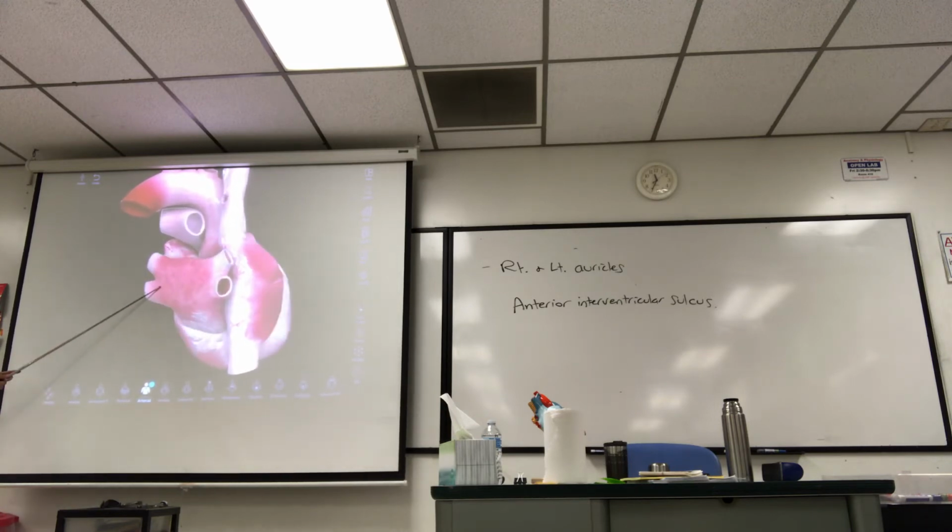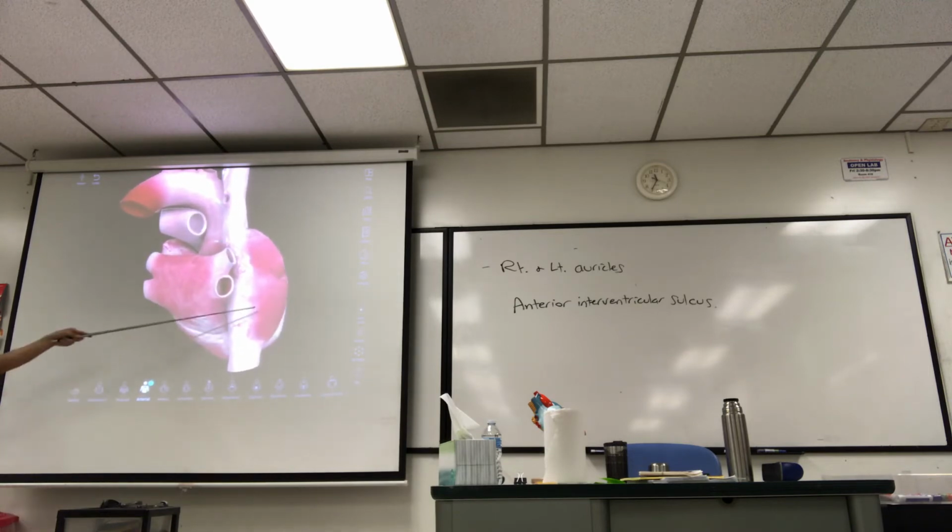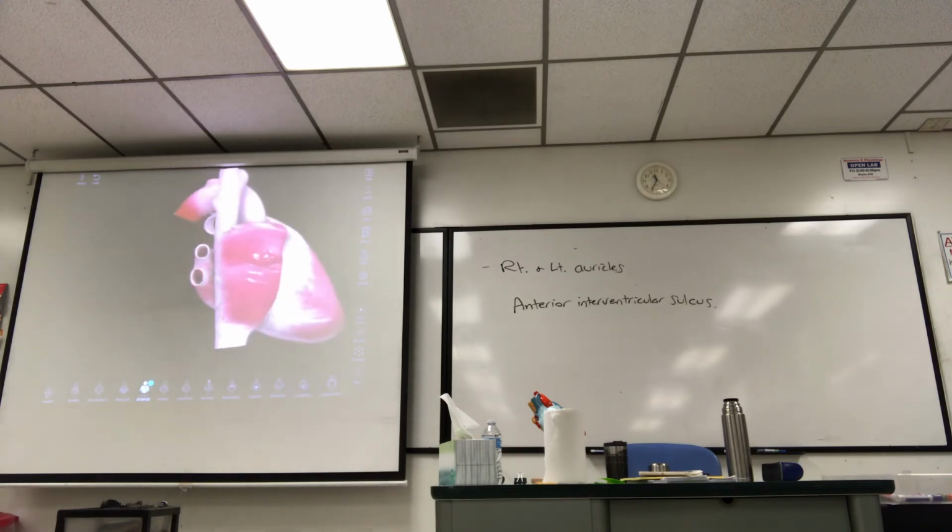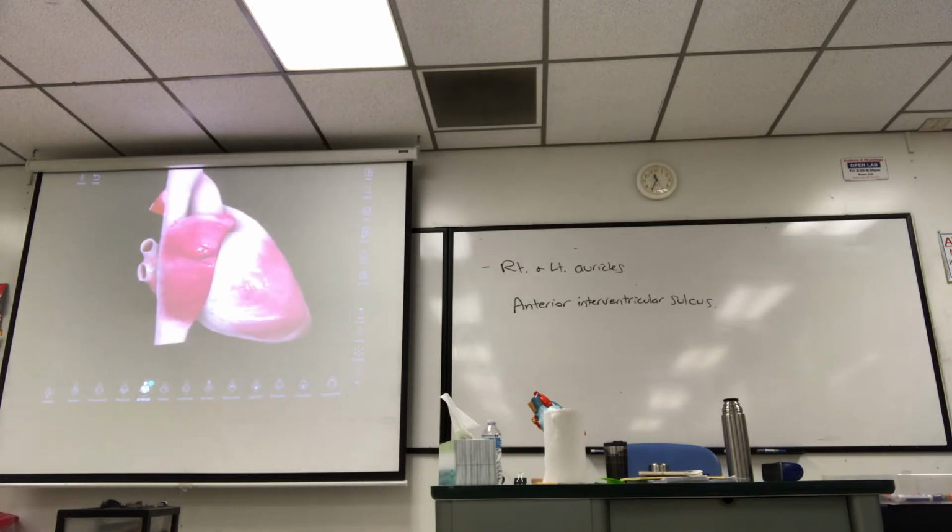Pulmonary veins. Remember, vein in. These are delivering blood to the heart. The atria are behind the ventricles, and blood flows forward from atria to ventricle. They never contract at the same time. This contracts and then that contracts.